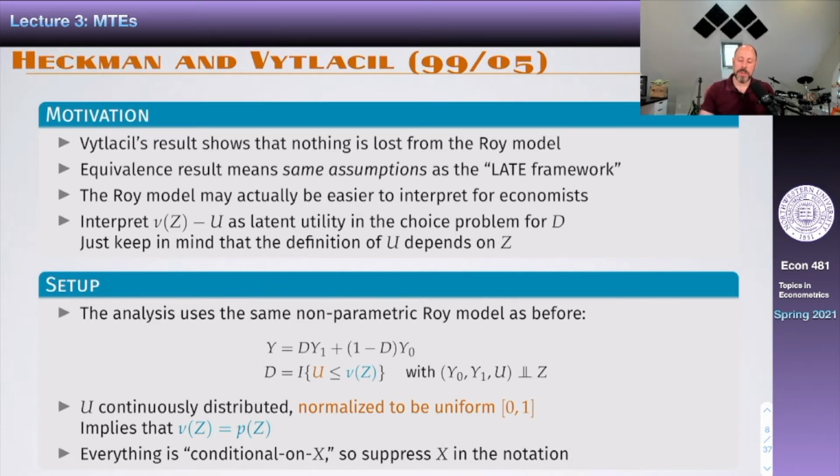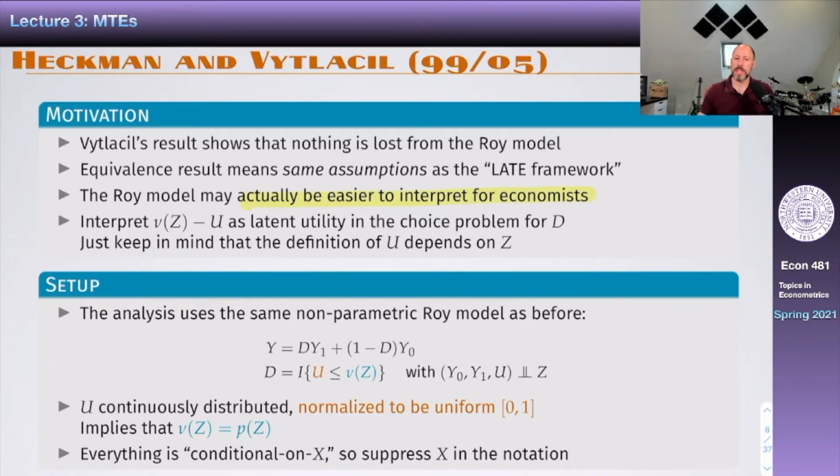I wrote at some point, and this depends on the setting, it is not a statement that holds universally, but in certain settings the Roy model may actually be easier to interpret, because if you want to model behavior, the Roy model is telling us something about behavior.